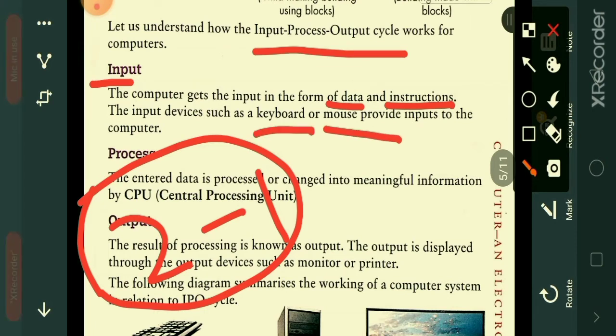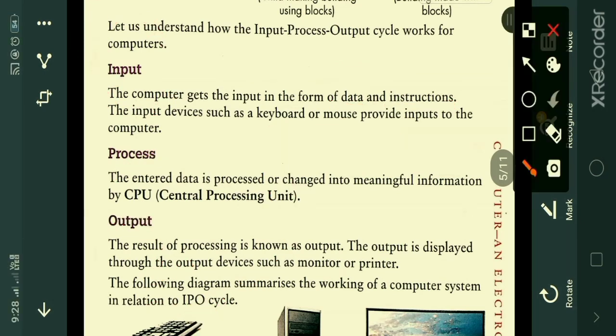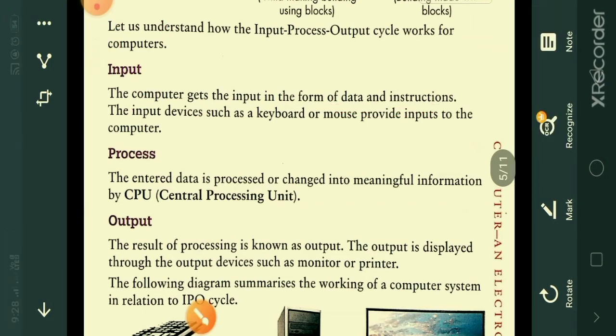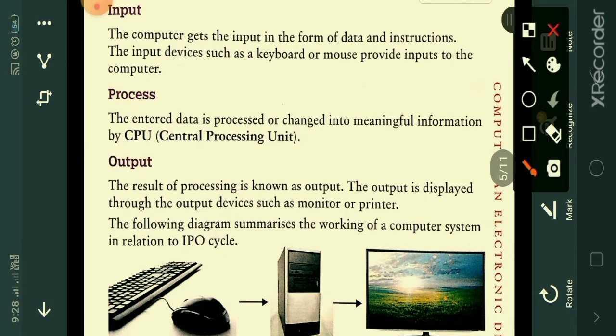This is known as input, students. The computer accepts data and instructions with the help of input devices such as the keyboard and mouse. This is known as input. Next we have the process.